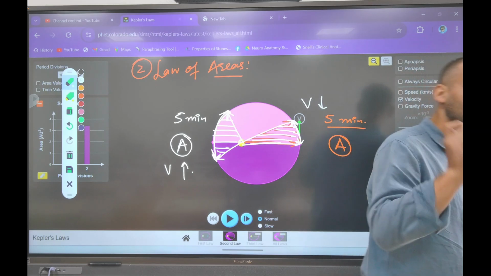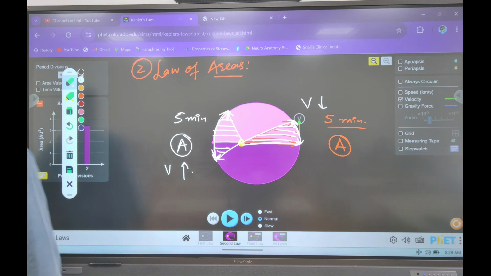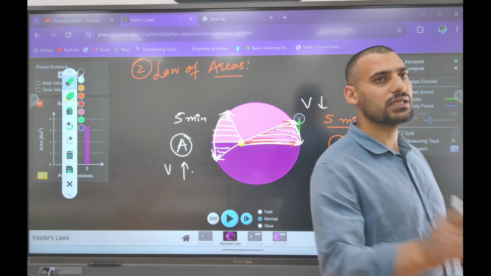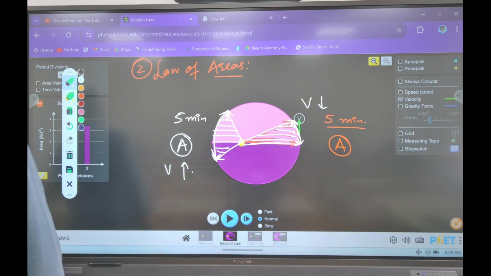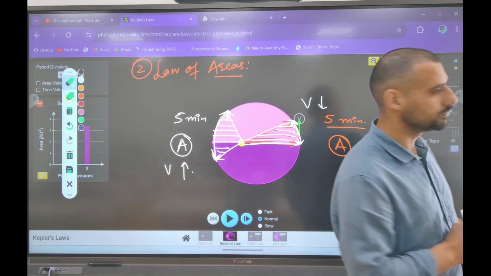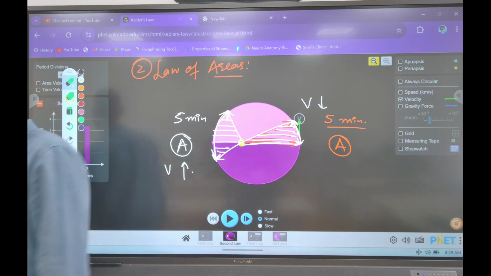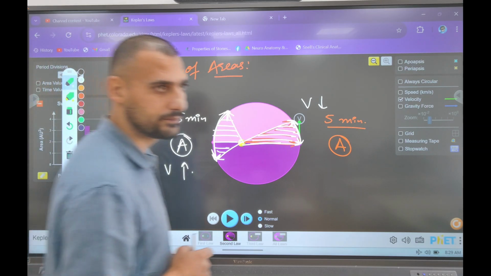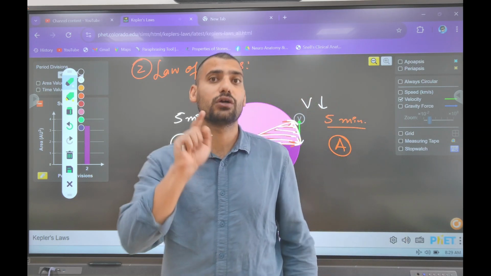As per the law of areas, the radius vector sweeps equal areas in equal intervals of time. Full stop. Very important thing that you are going to write.